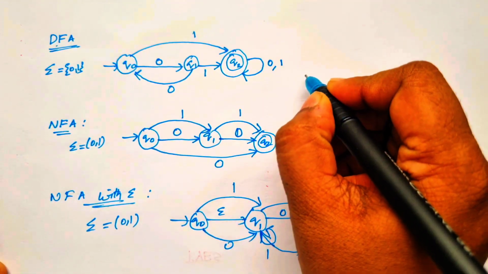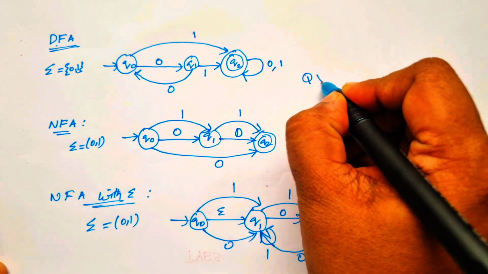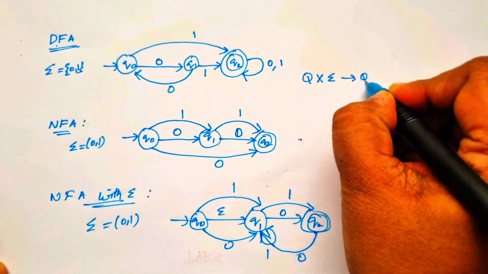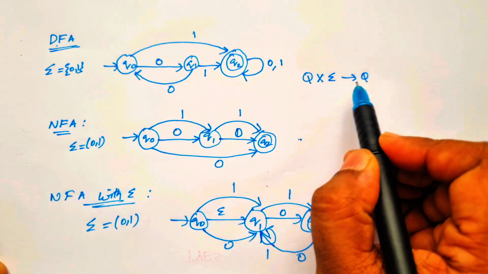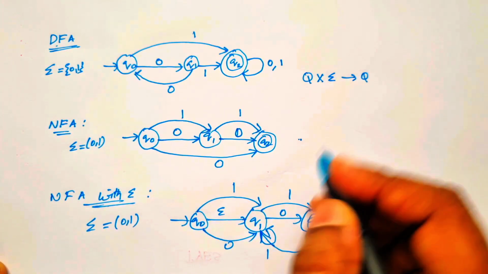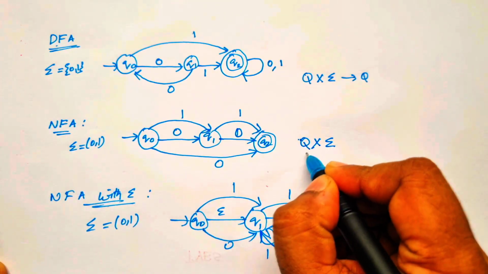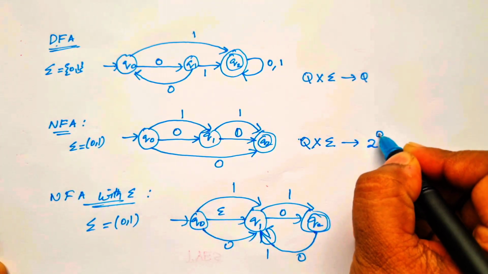That's why the transition function for DFA is Q cross sigma to Q. Means if you consider a state and one input, it will go to only one state. Coming to NFA, if you consider a state and one input symbol, it may go to multiple states.